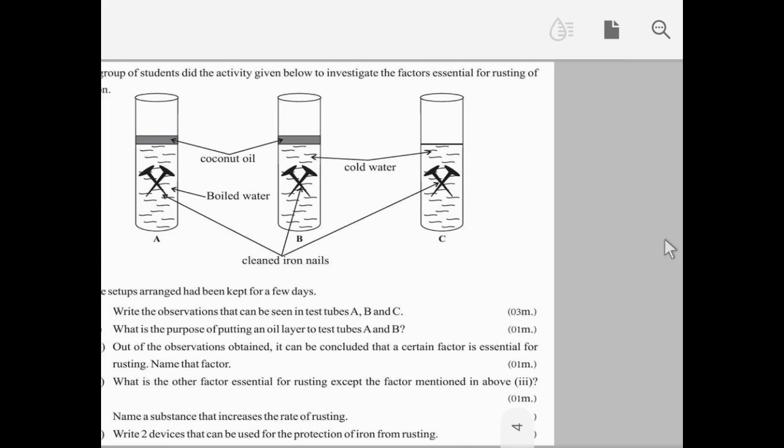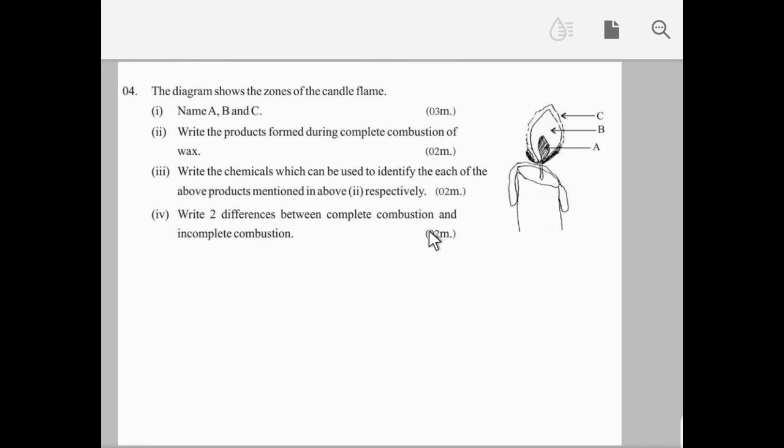Next one, fourth one. The diagram shows the zones of the candle flame. There are three main layers of a candle. A is the dark zone, that is black color.